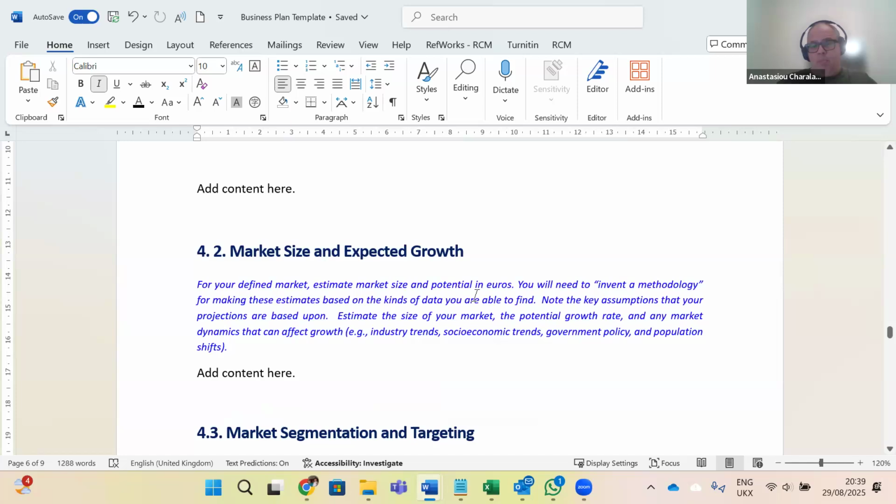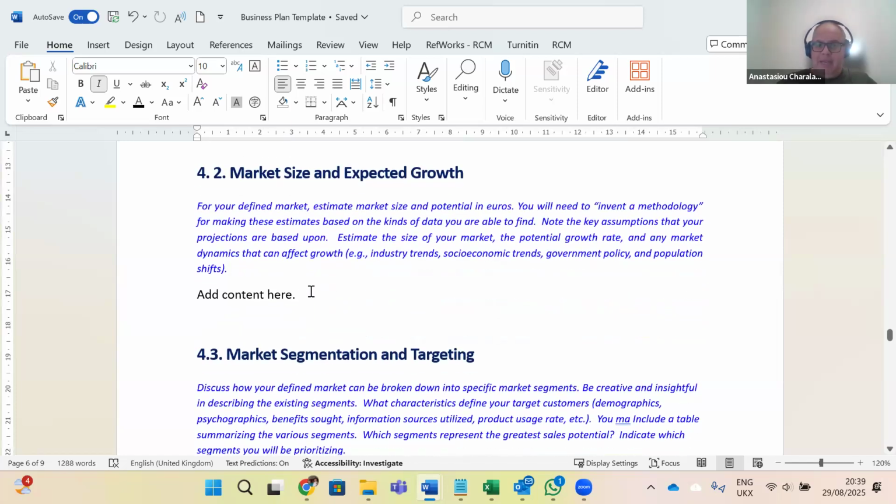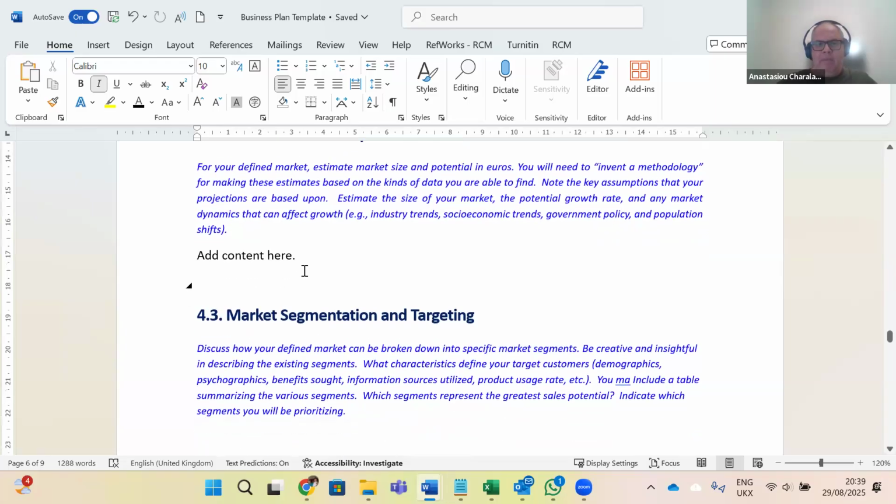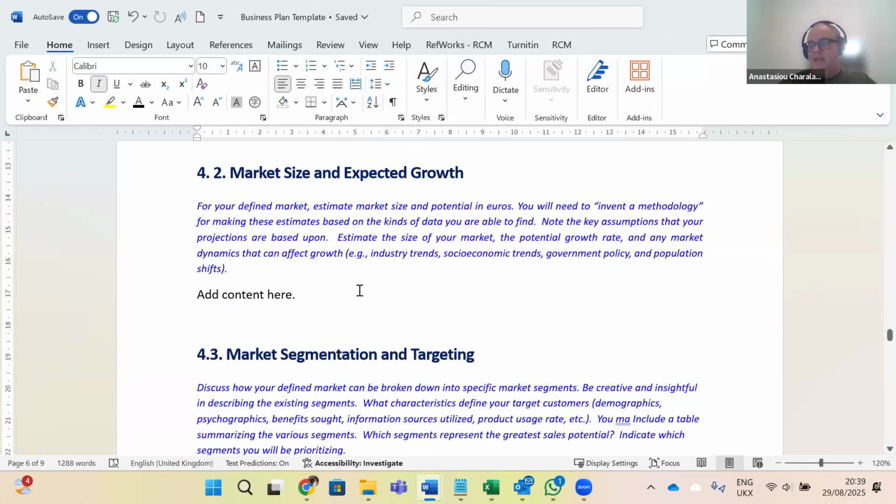You also need 4.2. This is, I have to admit, it can be a difficult section, but you again have to do the best you can. But this will be, what is the market size? Okay.